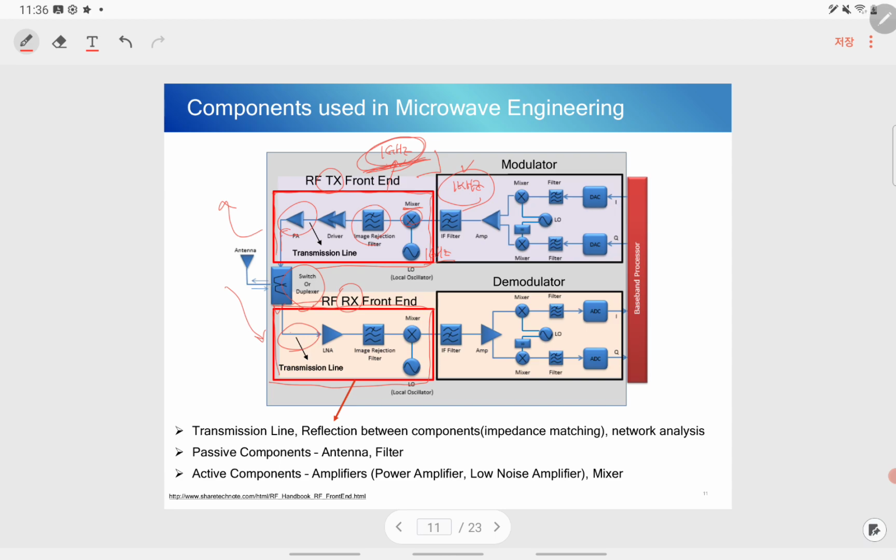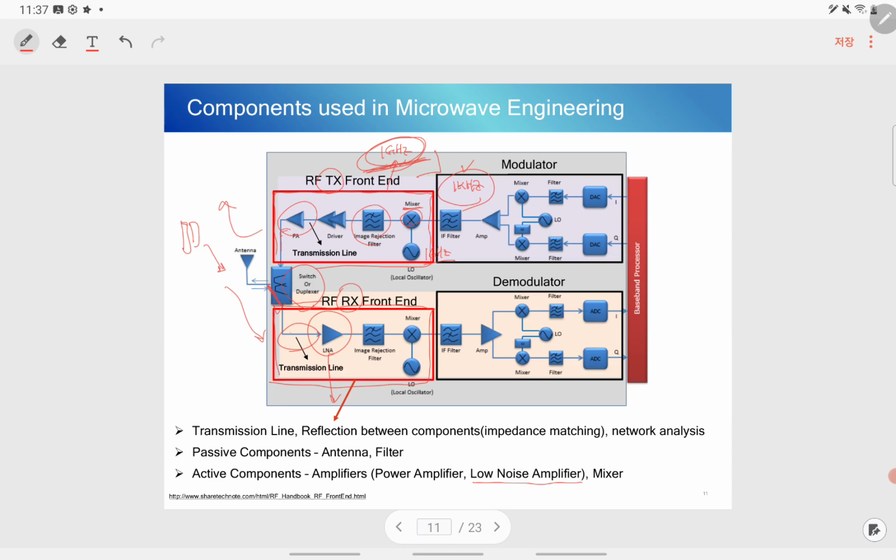So when you watch YouTube or download some data, you use receiver mode in your cell phone. In receiver mode, the signal generated from the base station comes in, and we amplify the received signal through the LNA, a low noise amplifier.